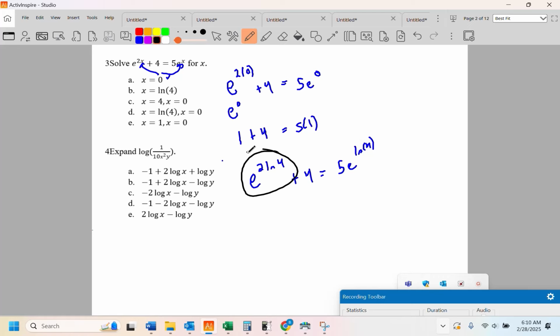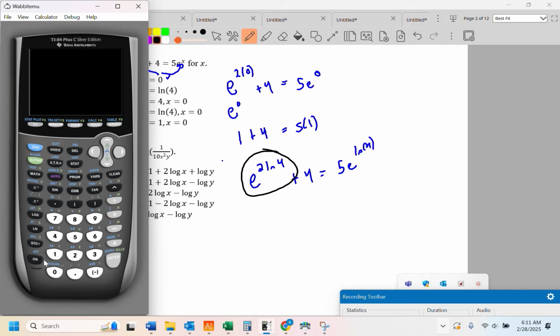And I'm trying to think if there's any good way to explain it. And there's really not. I mean, I know what e to the 2 times ln of 4 is, but I don't know how to explain it to you.